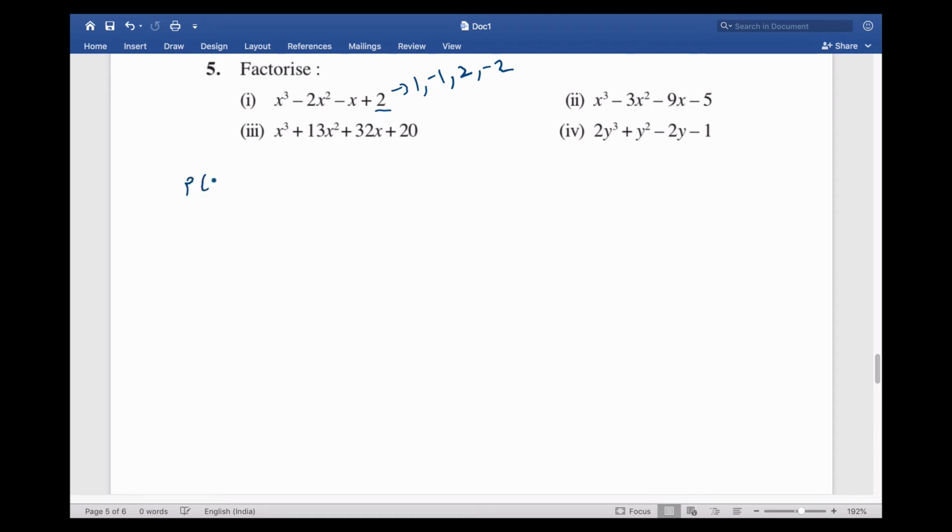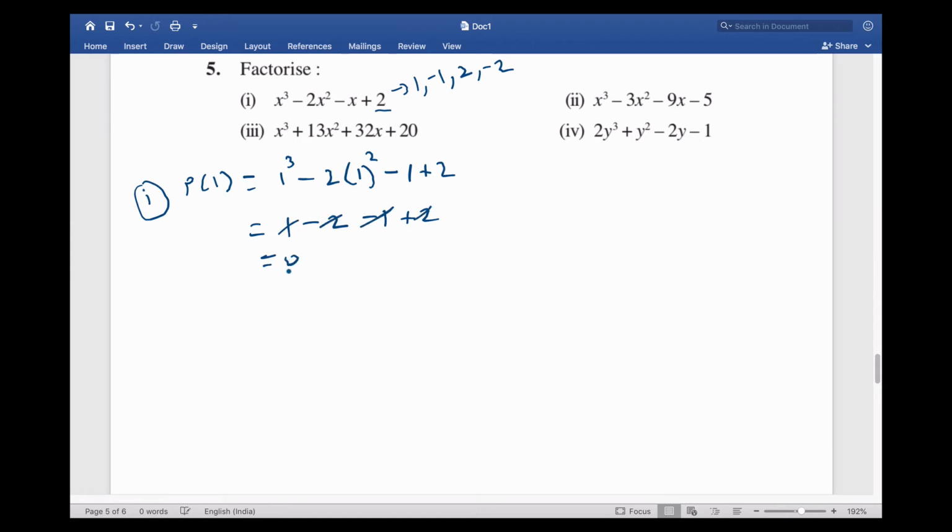P of x. So P of 1, this is part 1 of the question. When I substitute it, I will get 1 cube minus 2 into 1 square minus 1 plus 2. So 1 cube is 1. This will remain minus 2. This will remain minus 1 plus 2. This and this are additive inverses, so are this and this.